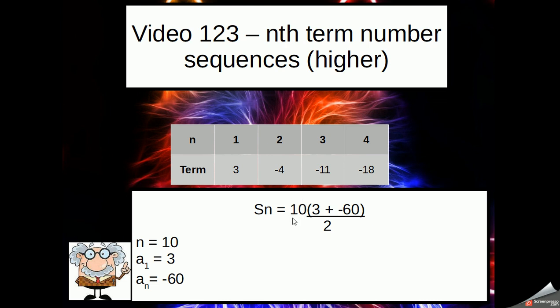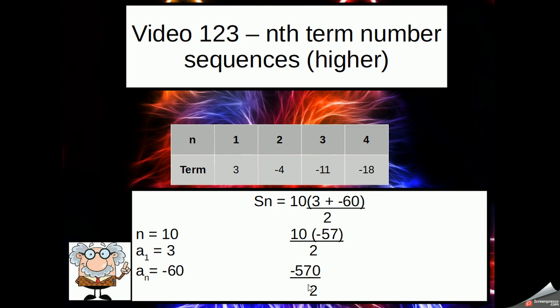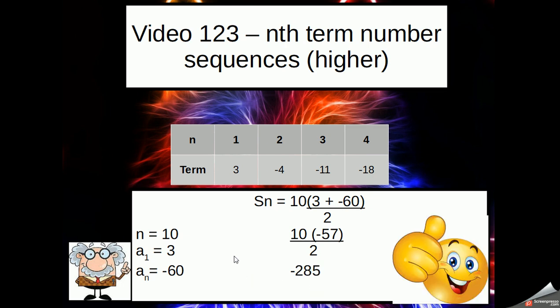So I've put in 10 instead of the n, 3 instead of the a1, minus 60, notice how I'm keeping the plus here, instead of the an, and 2, all over 2, which gives me 10 times minus 57 over 2, which gives me minus 570 over 2, which gives me minus 285. So the sum of the first 10 terms in the sequence is minus 285.